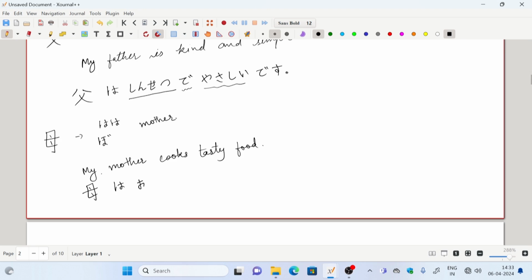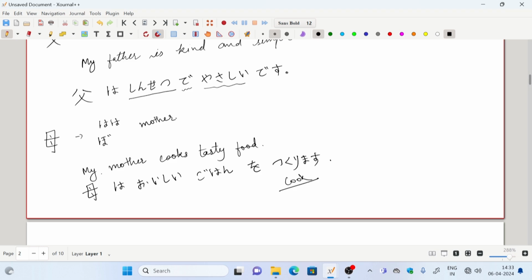Tasty is oishi. Food will be gohan. Then object particle o and tsukurimasu, the verb for to cook.